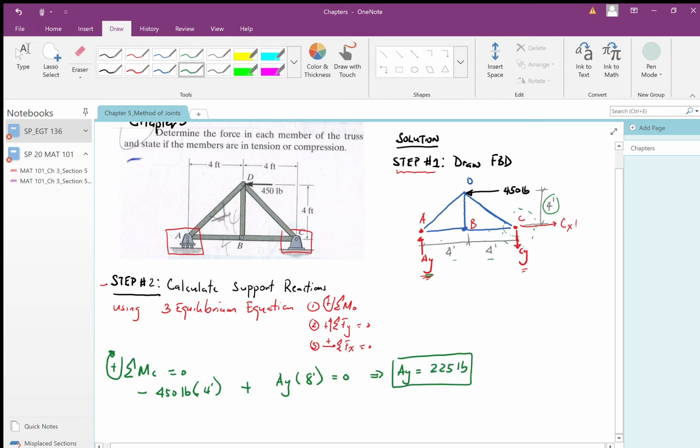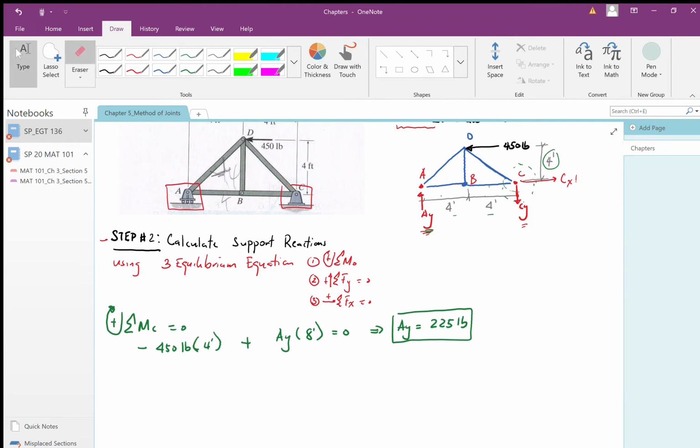Now I can take the moment about point A. I'm going to take clockwise to be positive, and now this is my point of interest right here.